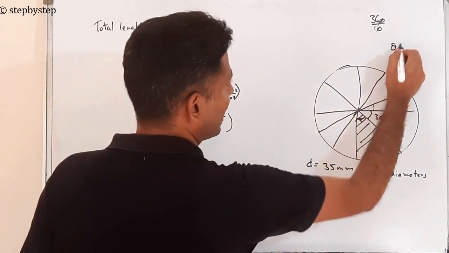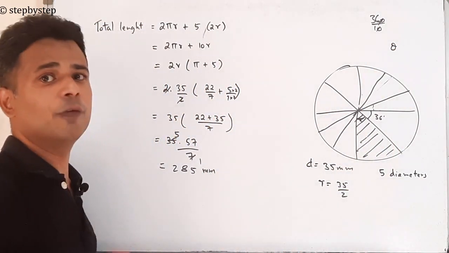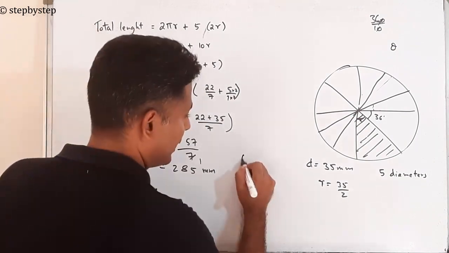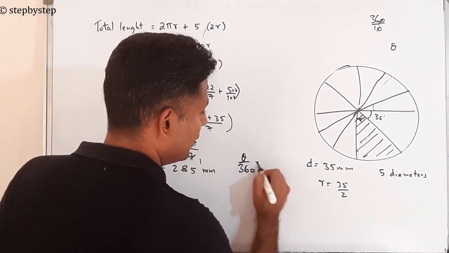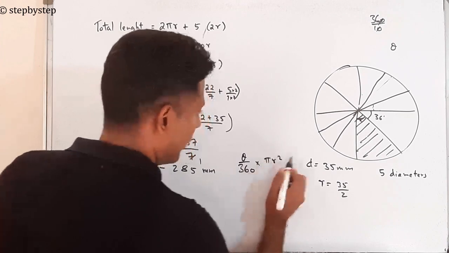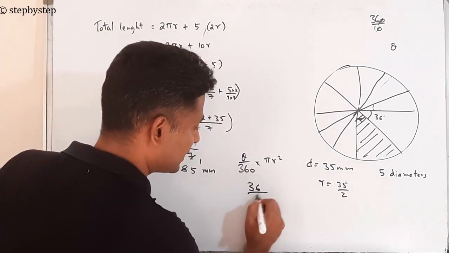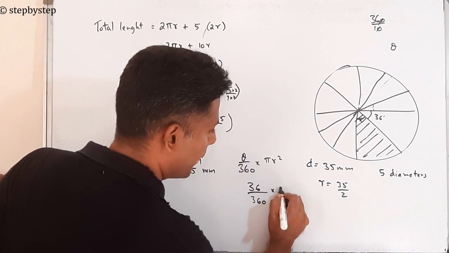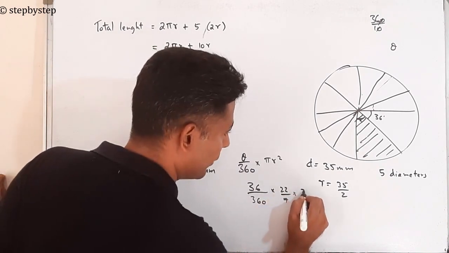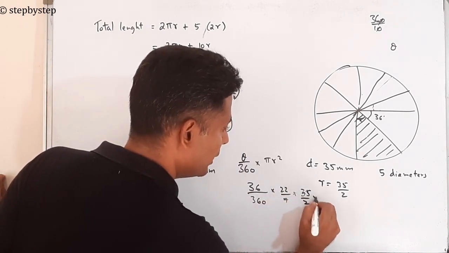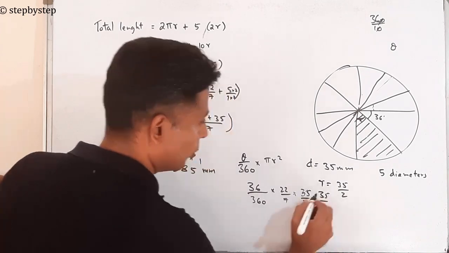So now we know theta and we know r. So we can find the area of the sector, that is theta by 360 into pi r square. Theta we found is 36, so 36 by 360 into pi, that is 22 by 7, into r square, that is 35 by 2 into 35 by 2.